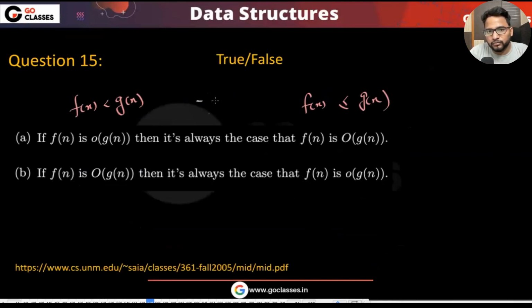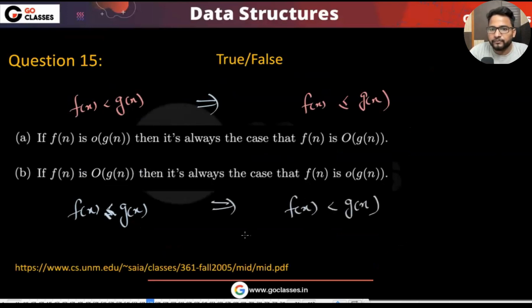That is true. And then they are saying if fn is less than or equal to gn, then fn is strictly lesser than gn. That is false. Example: let's suppose fn is n, gn is also n. So this big O is true, but small o is not true.